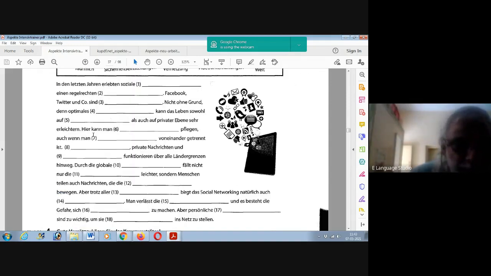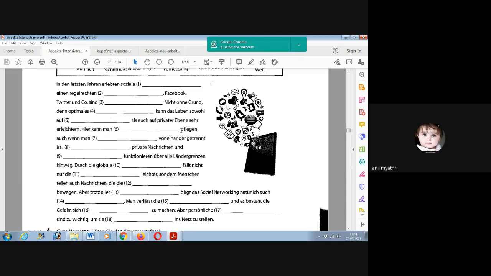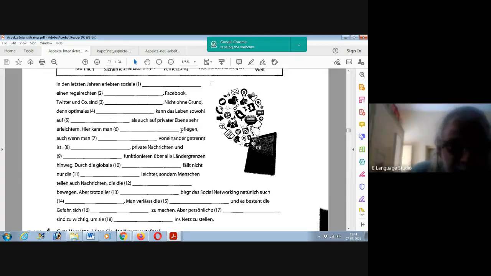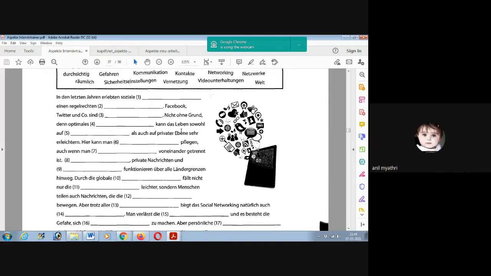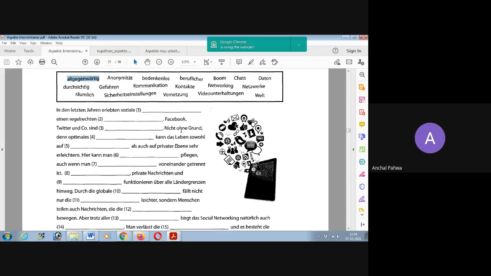What can one do here? Hier kann man something pflegen, maintain. Pflegen is to maintain. So something maintain, auch wenn man separated from each other is. Communication? Vernetzung? Nein.